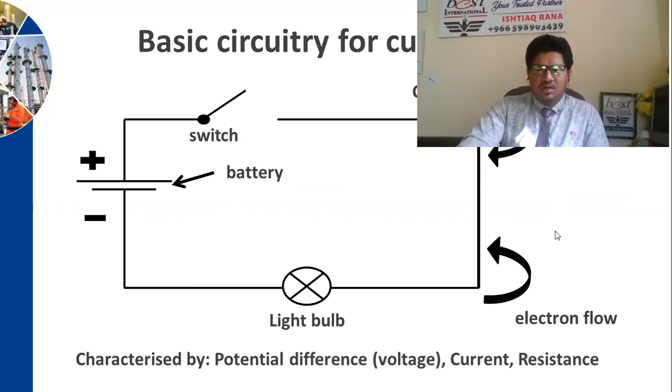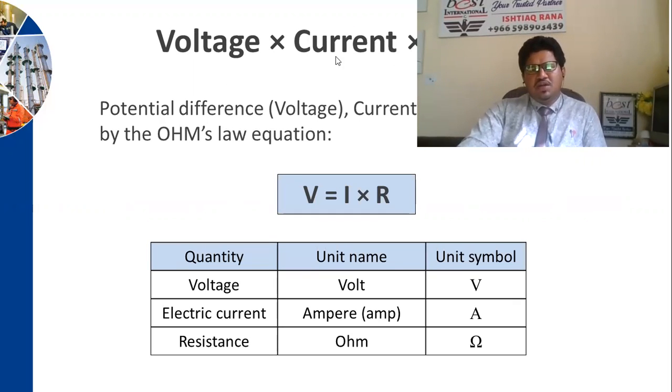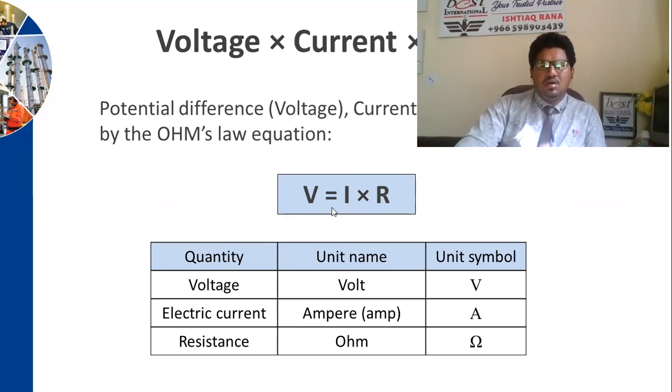We have a light bulb. The potential difference is voltage, along with current and resistance. So remember, they are related by Ohm's law equation, V equals I multiplied by R.